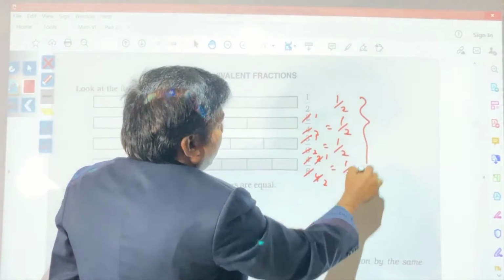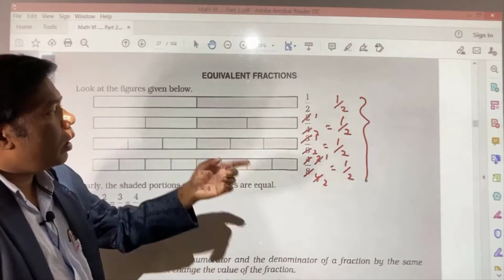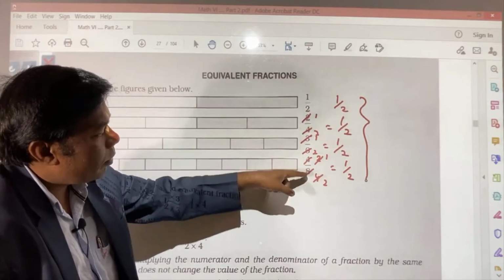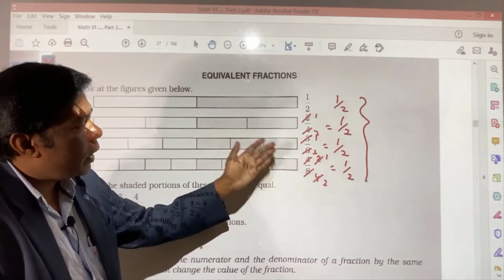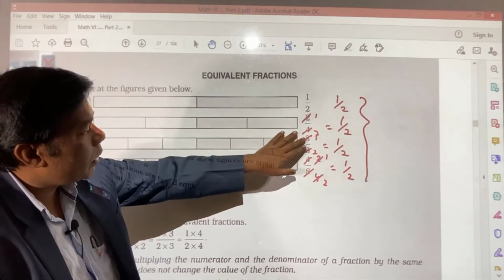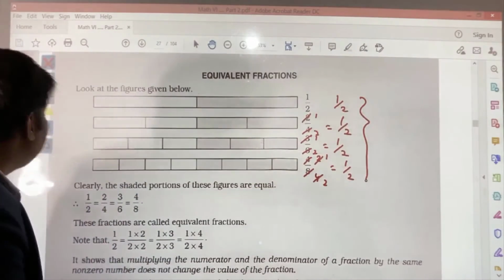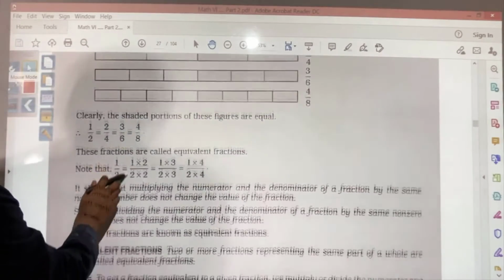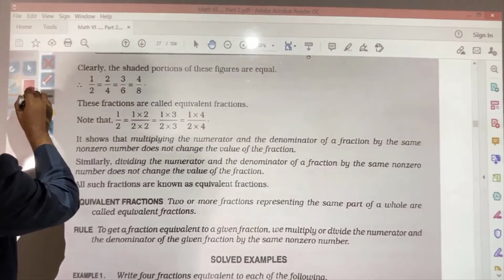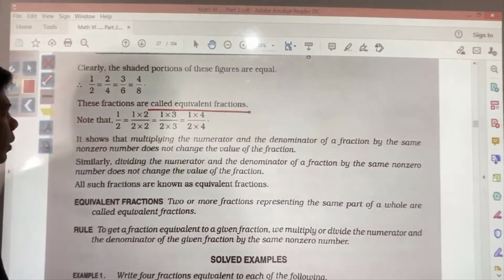So all are equal. 1 by 2 is called an equivalent fraction of 2 by 4, 3 by 6 and 4 by 8, and vice versa, 4 by 8 is an equivalent fraction of 3 by 6, 2 by 4 or 1 by 2. These fractions are called equivalent fractions. I hope you understood what an equivalent fraction is.